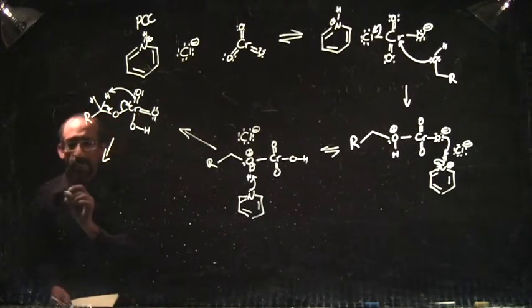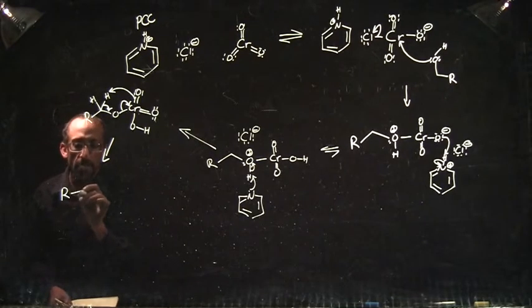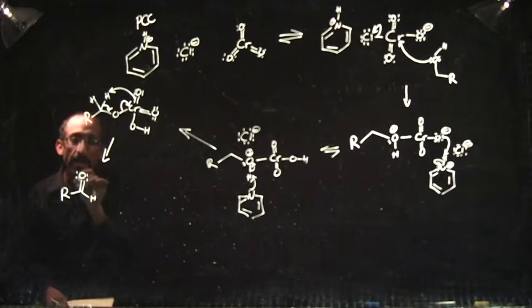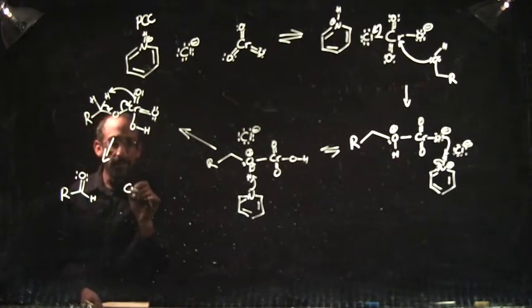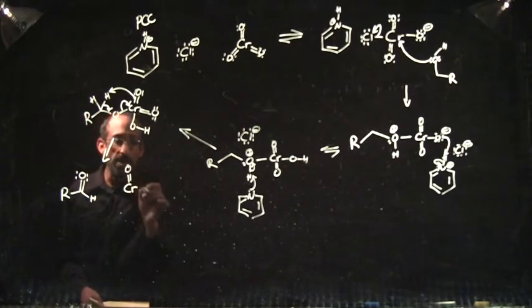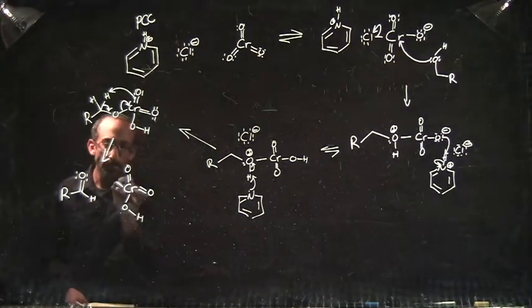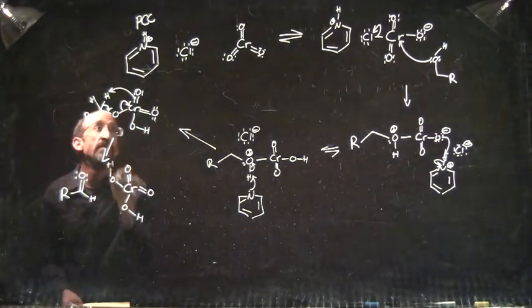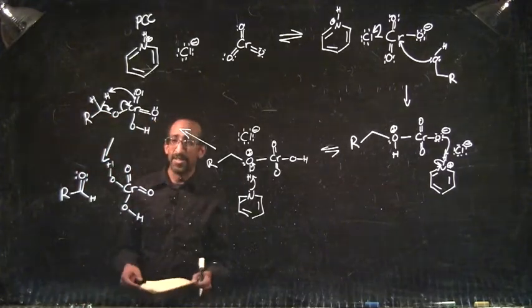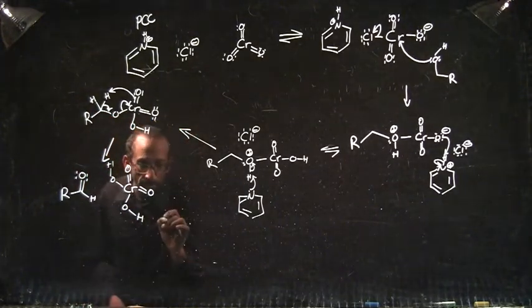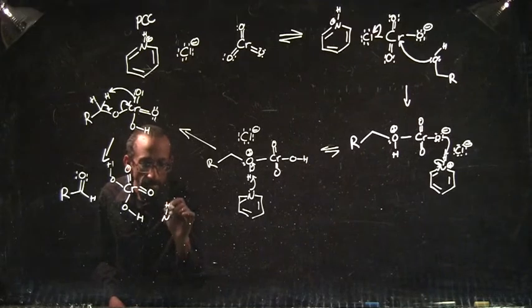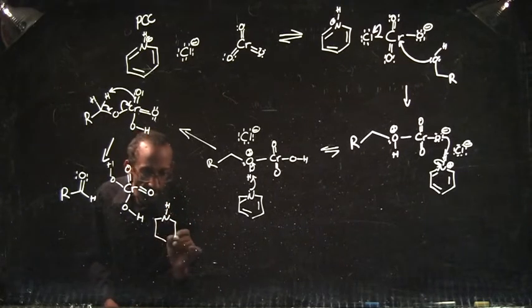That now takes my primary alcohol to an aldehyde. I have my chromium, and I have my pyridinium chloride at the end of the reaction.